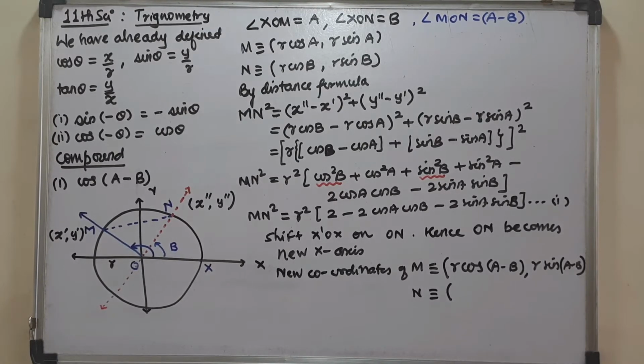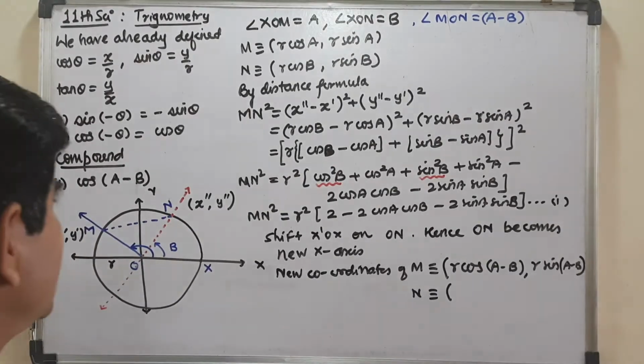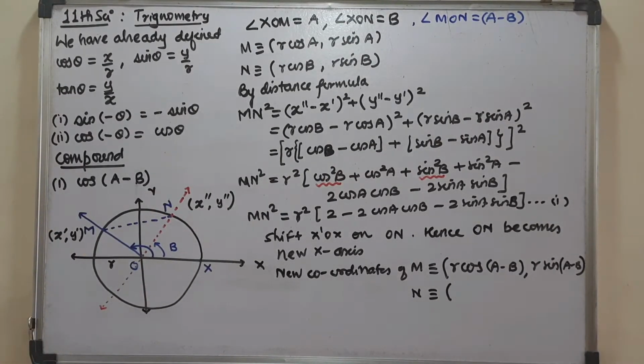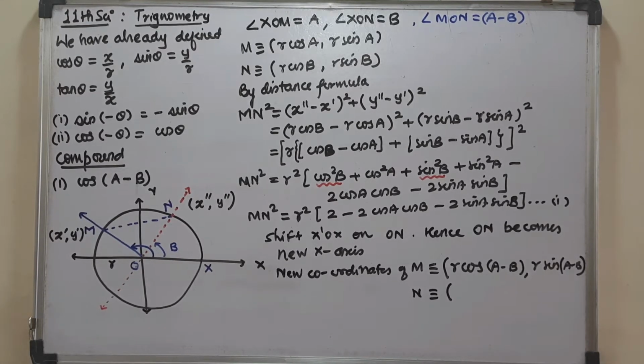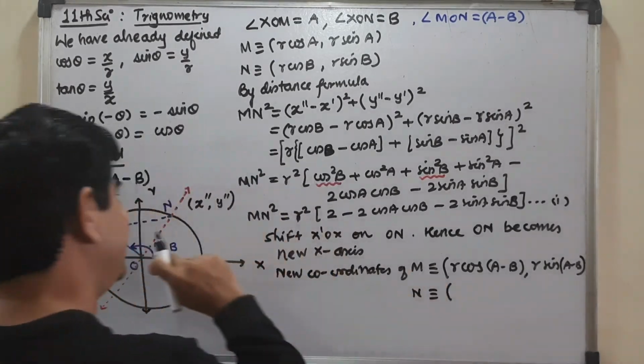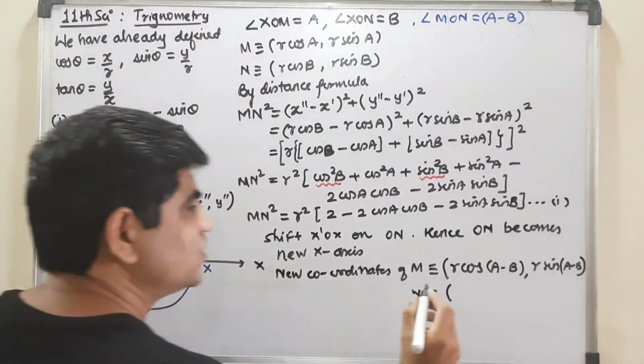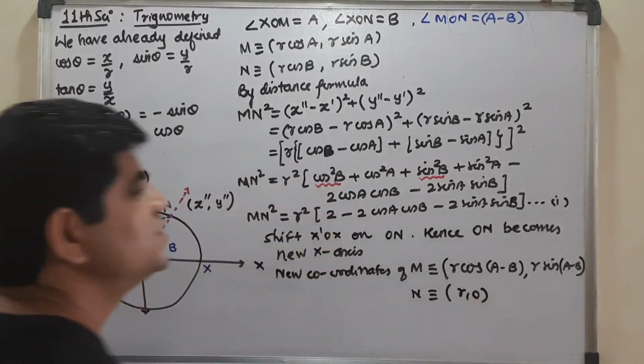That is, this particular ON will form your 0-degree angle. So here the coordinates of N: what will be the radius? The radius obviously is r. So the coordinate of N will be r comma 0, because it lies on the new x-axis.